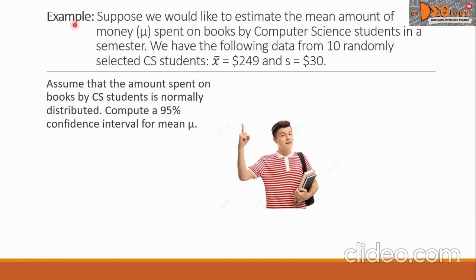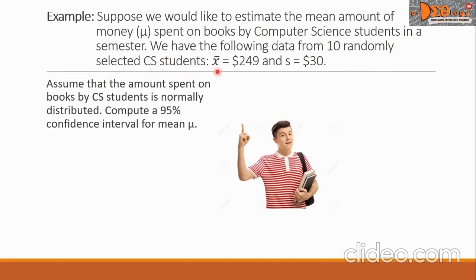Let us see this example. Suppose we would like to estimate the mean amount of money, that is mu, which is the population mean, spent on books by computer science students in a semester. We have the following data from 10 randomly selected computer science students.